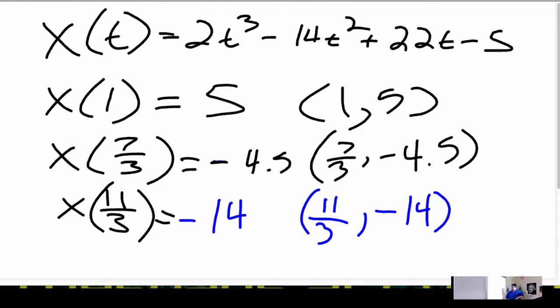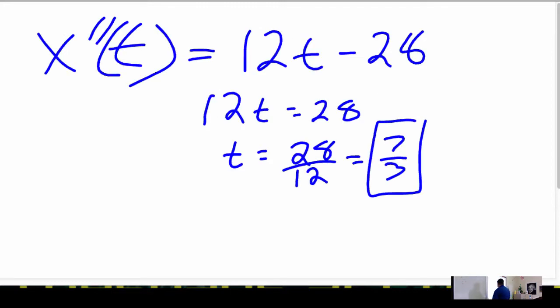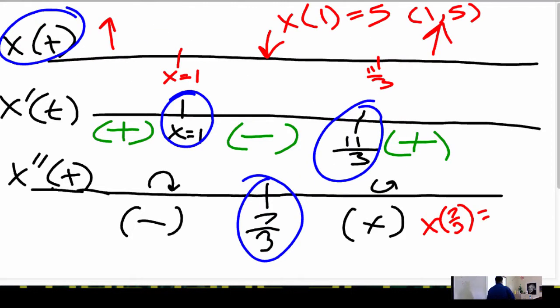Now we have to remind ourselves what was this, and what was this? Well, let's go back. Where did we get the 1 from? The 0. Yeah, so this is a min or max. Which one is it? If it's increasing, then decreasing, it's a max. This is a max right here, right? And then what's this one here?